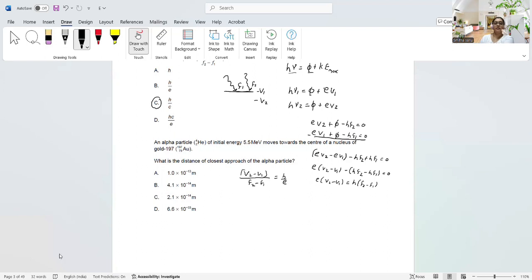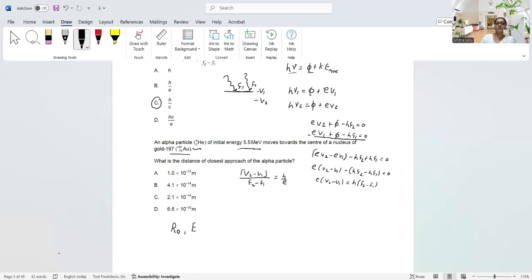Alpha particle, which is nothing but a helium nucleus of initial energy 5.5 mega electron volts, moves towards the center of a nucleus of gold that has 79 protons. What is the distance of closest approach? So to find the distance of closest approach, it's nothing but finding R0 when you're given the input energy.